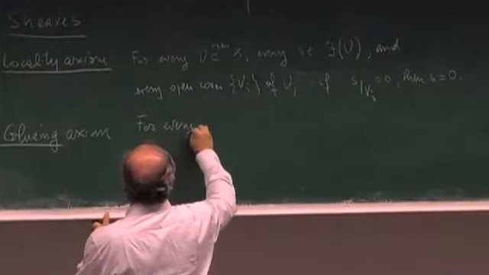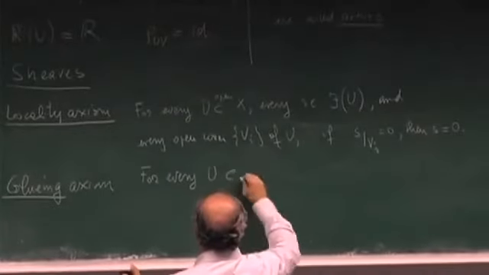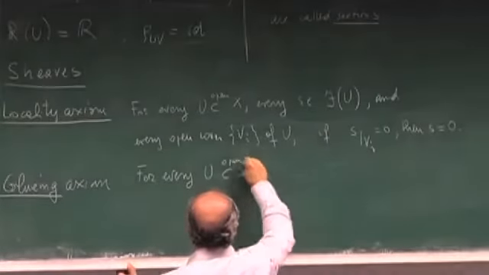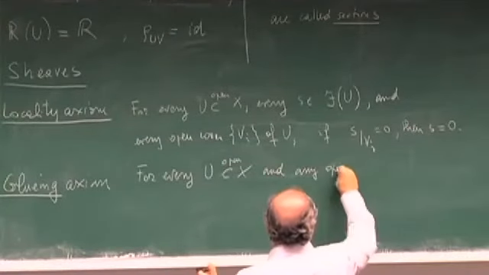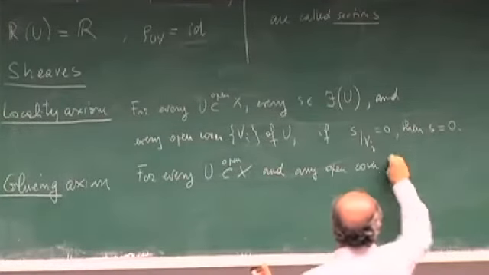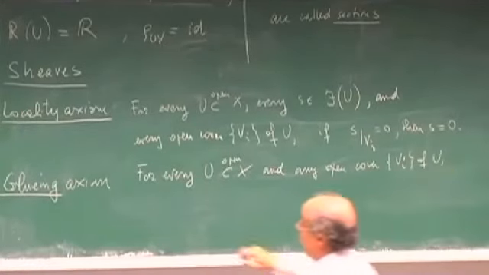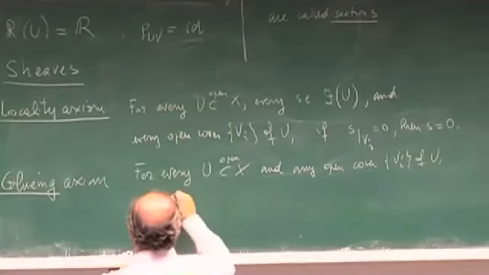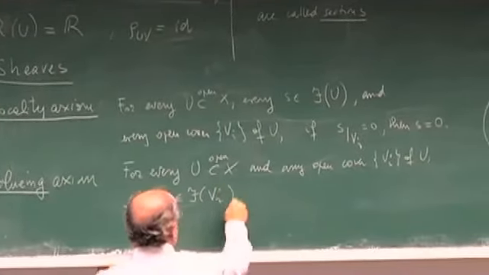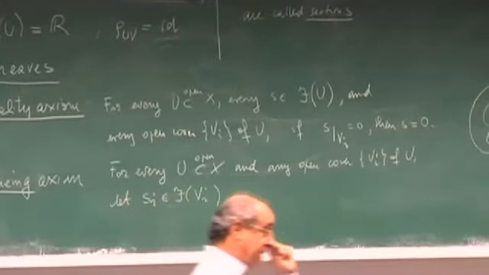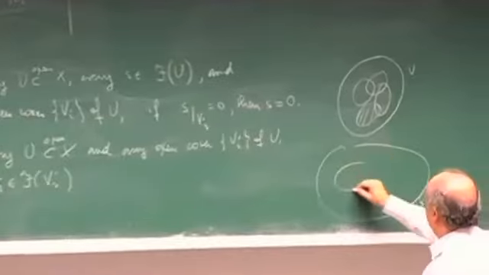For every U, again an open subset, and any open cover Vi of U, let Si be sections over this Vi. So on any of these open sets, we assume we have a section.